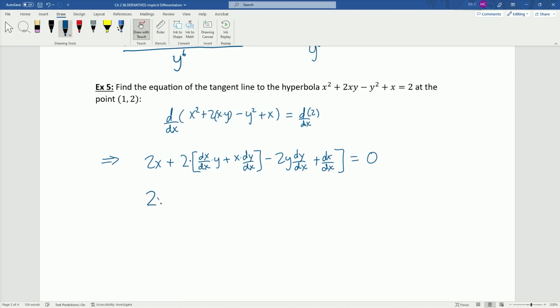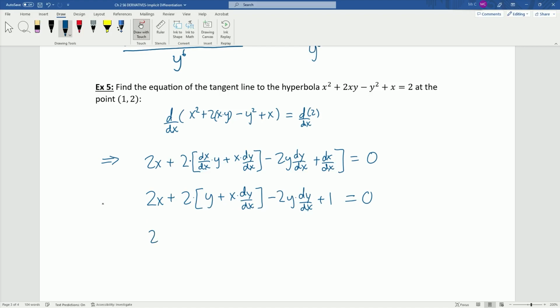Okay, so here we get 2x plus 2 times 1 times y, that's y, plus x times dy/dx, minus 2y times dy/dx plus 1 equals 0. Okay, so let's go ahead and distribute this stuff here.